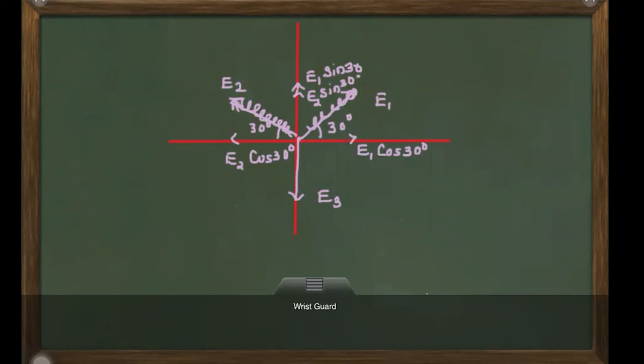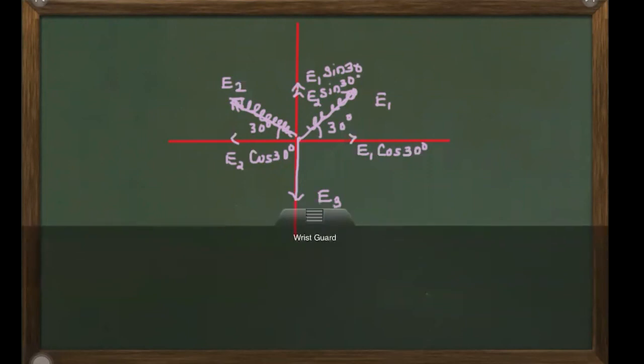Now we can say the total x component, Ex, will be what? This one will be positive because this is towards positive x-axis. So it will be plus E1 cos 30 degree.